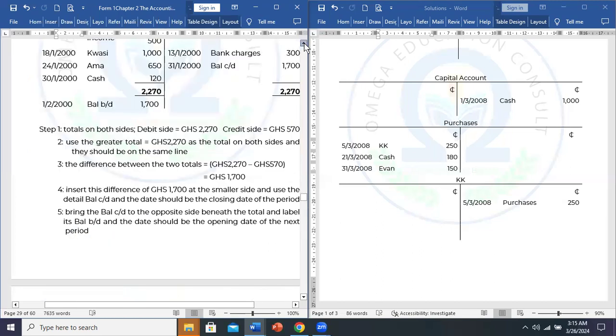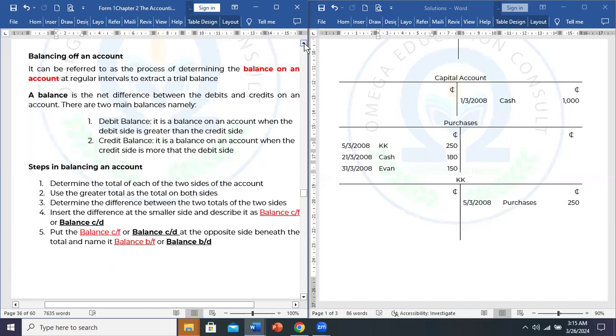Balancing of account refers to the process of determining the balance on an account at regular intervals to extract a trial balance.